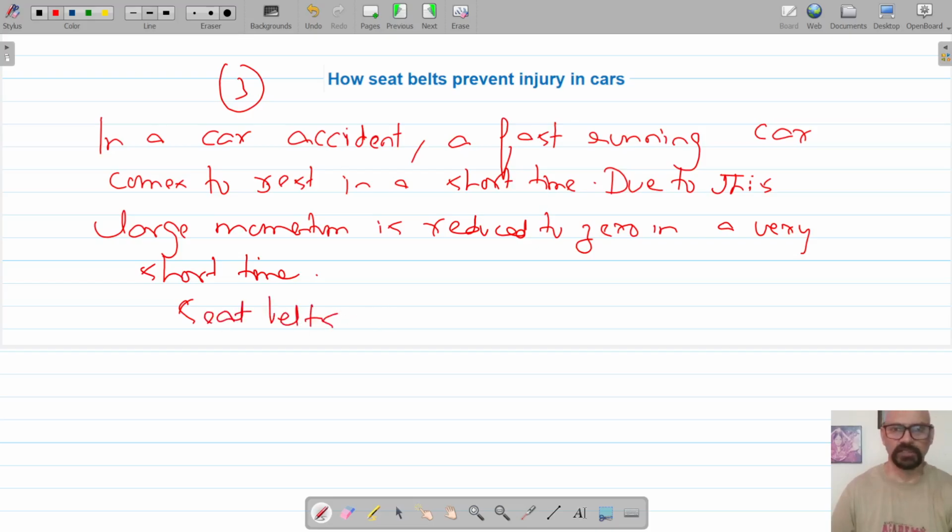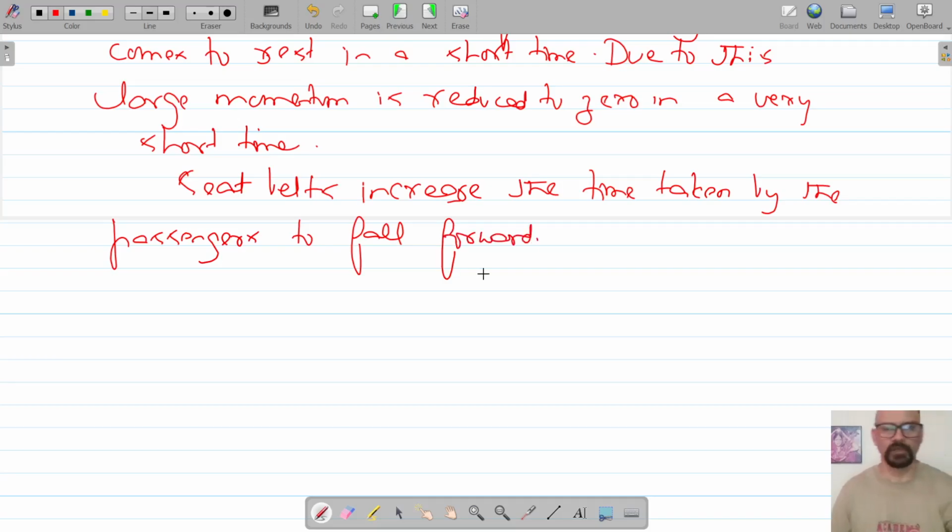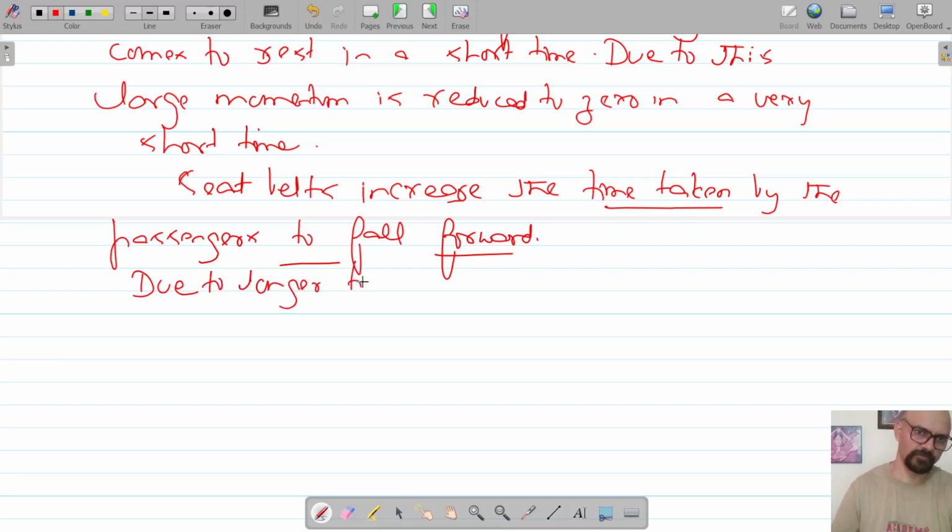They increase the time taken by the passengers to fall forward, and because of this longer time, the rate of change of momentum is reduced.